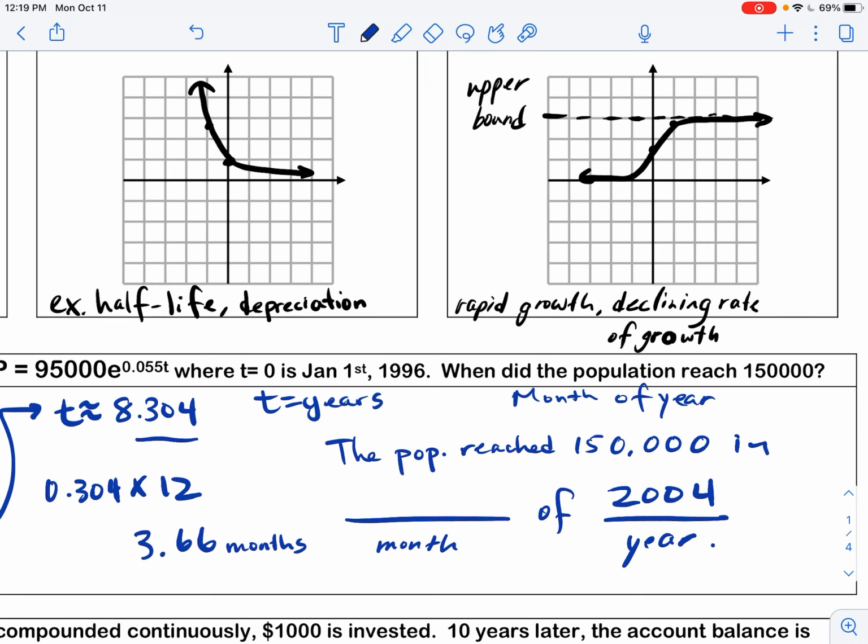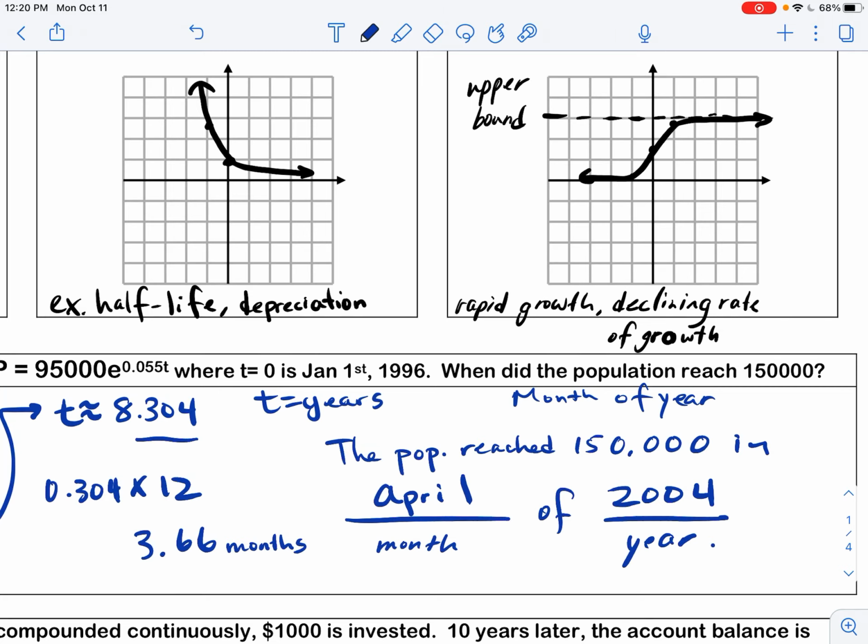If t is equal to 0 is on January 1st, when t is equal to 1, you're at February 1st, meaning 1 month has elapsed. T is equal to 2 is March 1st. T is equal to 3 is April 1st. So 3 months have elapsed, and we're partway through the month of April, so we can just say simply April of 2004. Okay, because we haven't made it all the way through April. We have not finished that whole month.